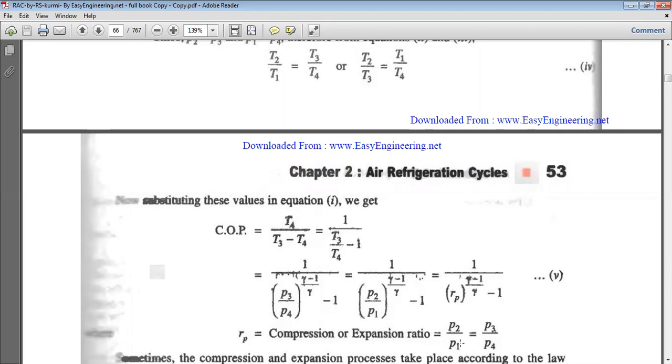Whenever I talk about compression, final pressure by initial pressure is the compression ratio. Whenever I talk about the expansion ratio, that is a decrease in pressure, therefore initial pressure by final pressure. Initial pressure is P3, final pressure is P4. The compression ratio and expansion ratio are the same. Therefore, we get Rp to the power of gamma minus 1 by gamma.